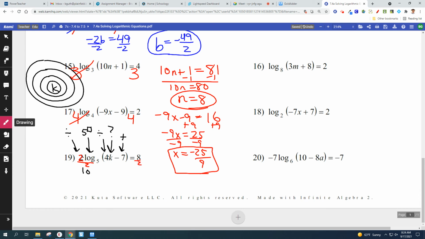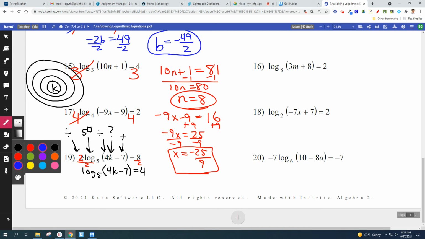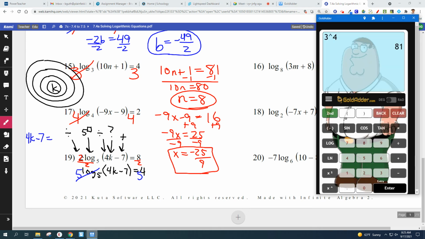That gives me log base 5 of 4k minus 7 equals 4. And now it looks like all the other problems that we've already done. We have to get rid of a log base 5 with a base 5. That cancels this out, leaves me with just, let's put it over here, 4k minus 7 equals whatever 5 to the 4th power is.